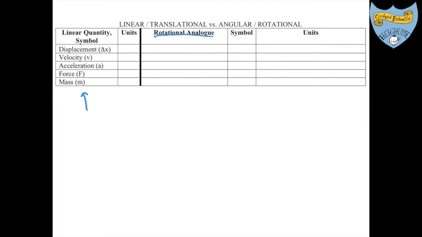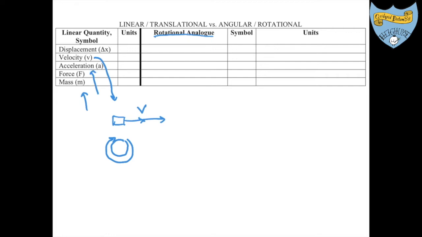So, for example, if something, a block, is moving forwards at some velocity, that's analogous to something spinning around in a circle with, we'll learn to call it, a certain angular velocity. You can understand the idea that things can spin faster or slower when they are moving in circles, just like things can be moving faster or slower when they're moving in a straight line.